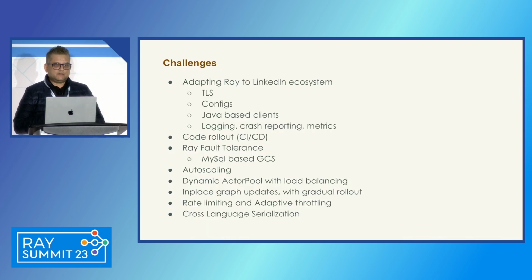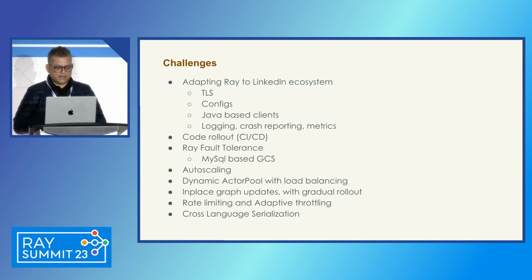Some of the challenges that we are trying to figure out how to solve are, basically, adopting Ray in the LinkedIn ecosystem. LinkedIn is done in a very special way, so we're adopting Ray into that: TLS, configs, how do you run Java and Python together, logging, crash reporting, all of that into the LinkedIn infrastructure. Code rollout and fault tolerance is another thing that we're looking at very significantly.